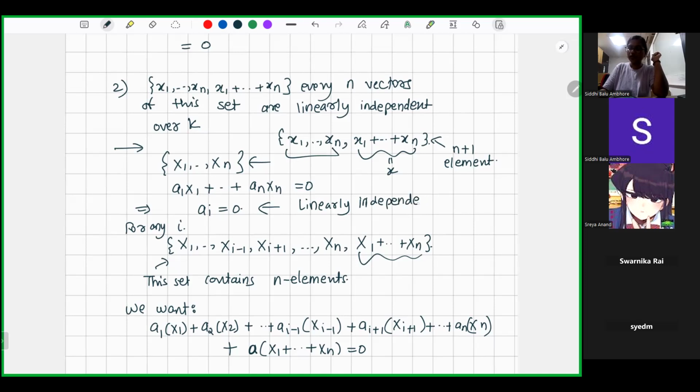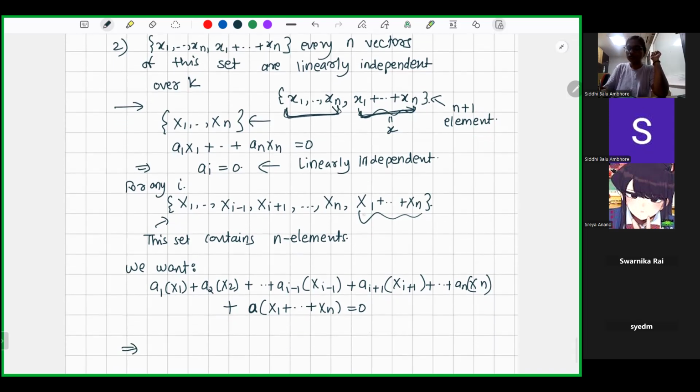Now I want to talk about the cases where this last element is there. Then I have to choose n minus 1 of these to have n vectors. So this last one x stays as it is, and I omit some xi for any i. This is the general form.